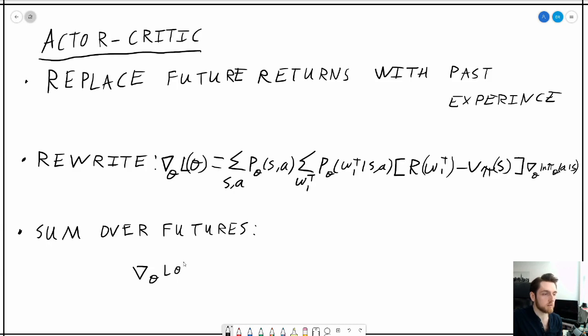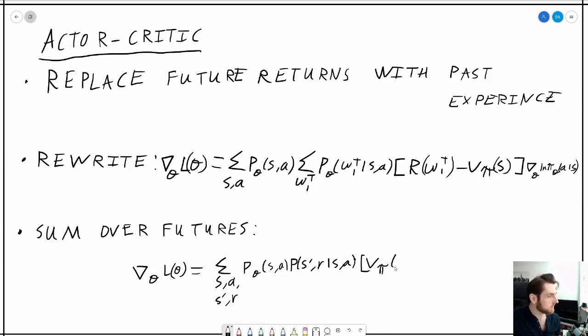which leads us to the sum over S, A, S prime, and R of P theta SA, the probability of this occurring under the environment, and the difference between the value of the next state plus the reward minus the value of the previous state, which is just the baseline.